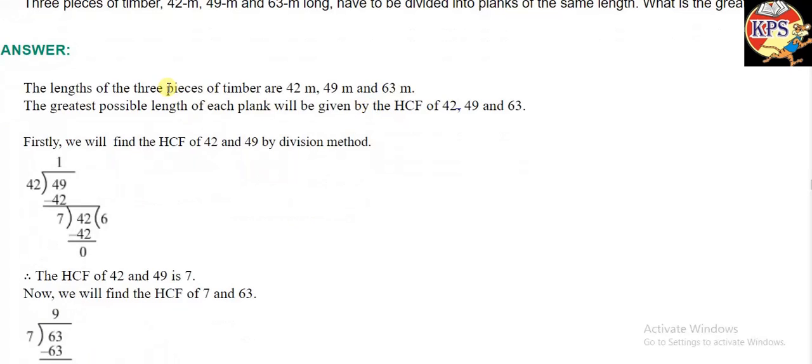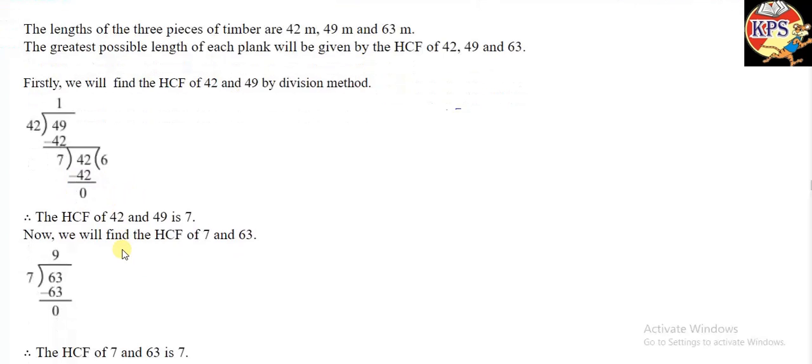First, I have already told you that all the questions are the same. In all the questions you have to find out the HCF. So first you have to find out the HCF of the first two numbers, 42 and 49, by the division method. This is how you will find it, and we are getting the HCF as 7.